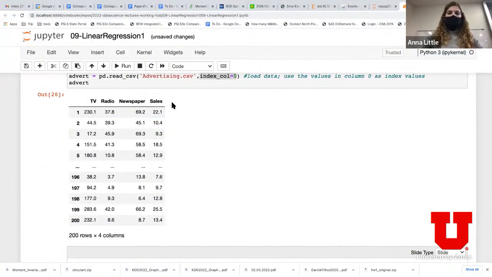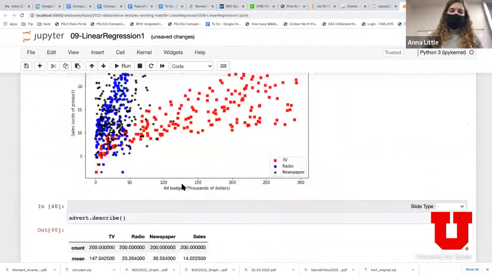Yes, it's literally like making another column here. And for each entry here, we just take this number times that number. And then we could just run a linear regression with TV, radio, and the new variable, right? We would get the same result. But the function is built in to do that for you, so you don't have to do it.